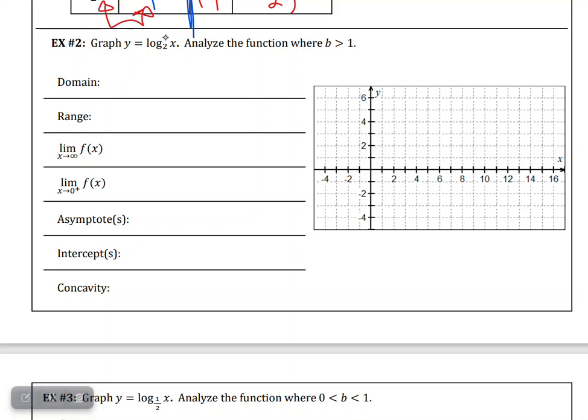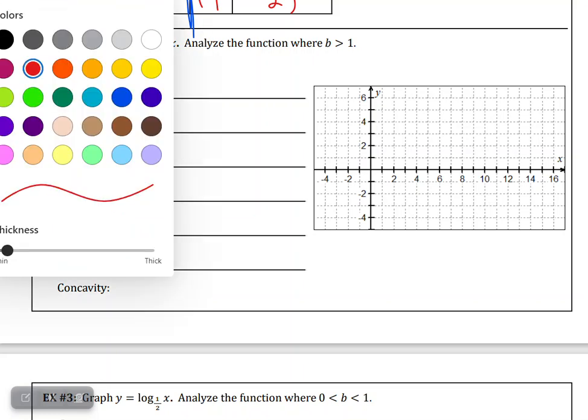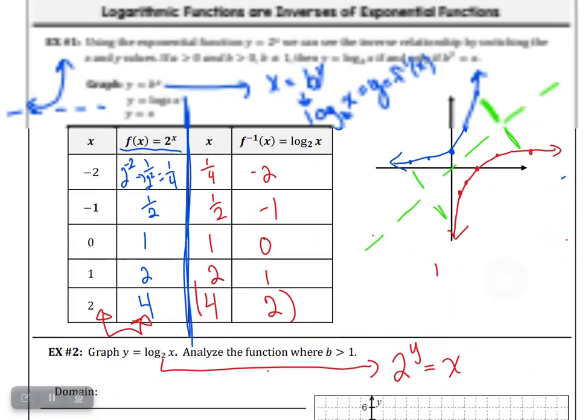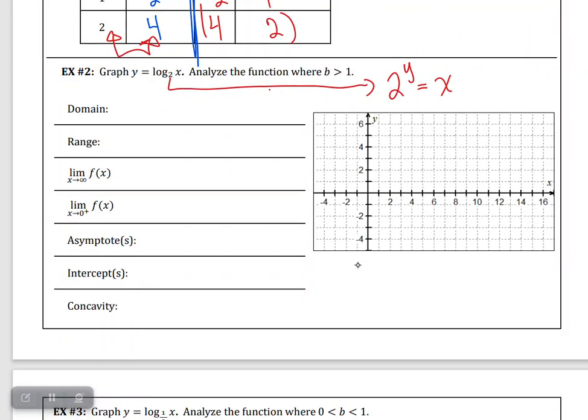So if we go to graph number 2, the first thing we're going to look at is changing it to an exponent. So let's take this and change it to an exponent, and it becomes 2 to the y power equals x. We already did this up at this point. But if we were starting from scratch, we would start filling in the y values, because that y value is here.